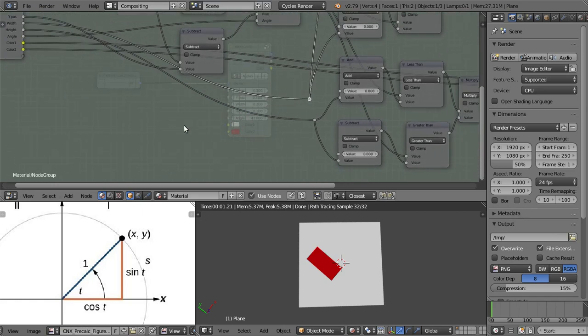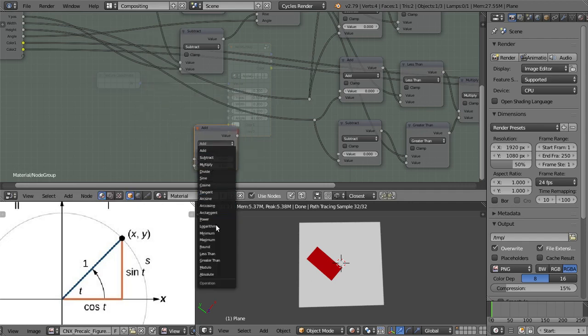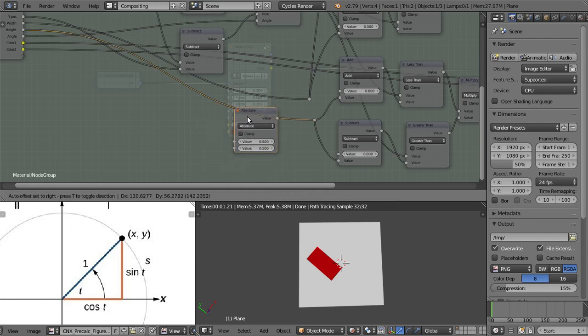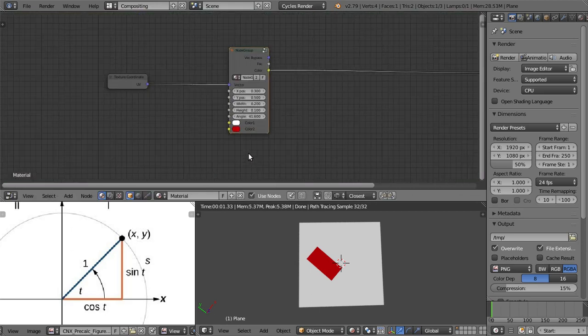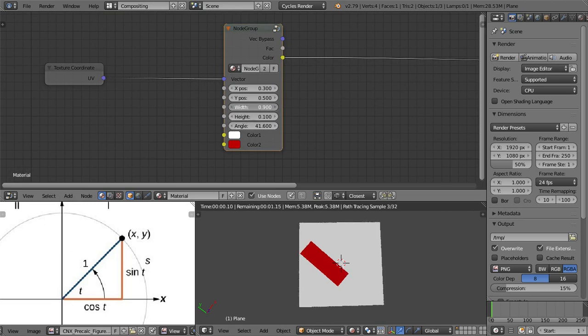And I'm going to add function, add converter, math, absolute. There. Like so. Now, as long as the width and height are non-zero, it doesn't matter if they're positive or negative.